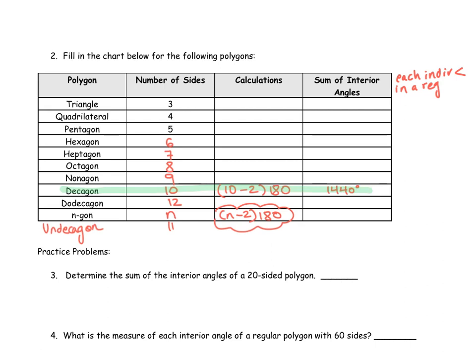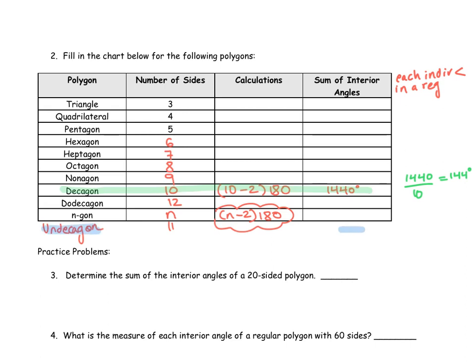So I take the sum of all the interior angles and I divide it by the number of sides. Now this polygon has 10 sides, so if I divide it by 10, that's going to give me 144 degrees. Now pause the video and try to find the sum of all the interior angles of an undecagon.